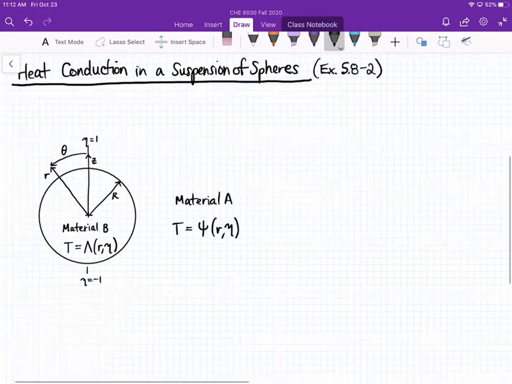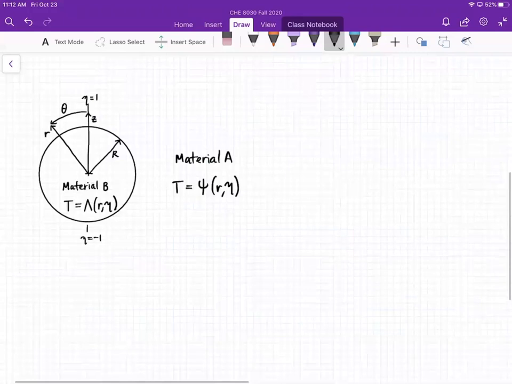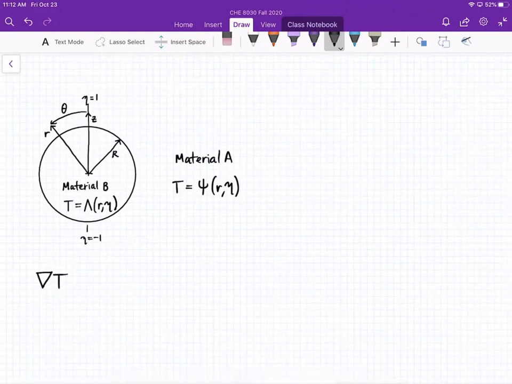What am I saying mathematically? I am saying that the sphere is subjected to some temperature gradient, and that temperature gradient is equal to G, and it operates in the Z direction.